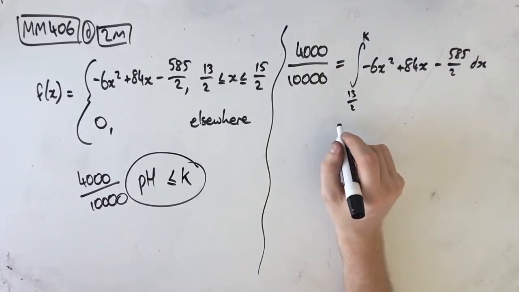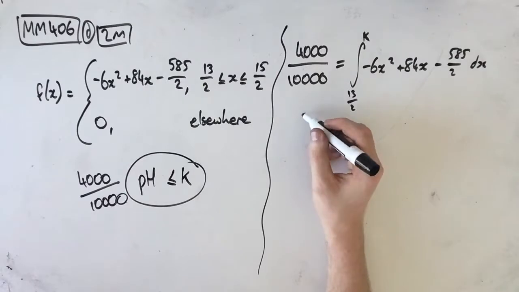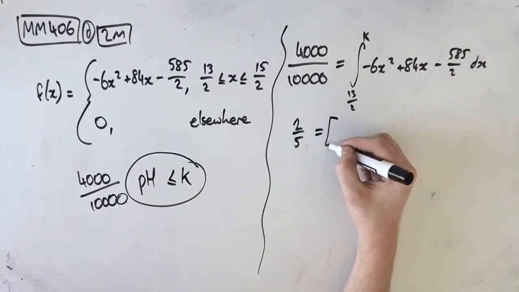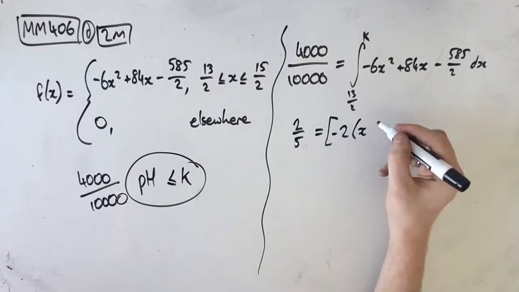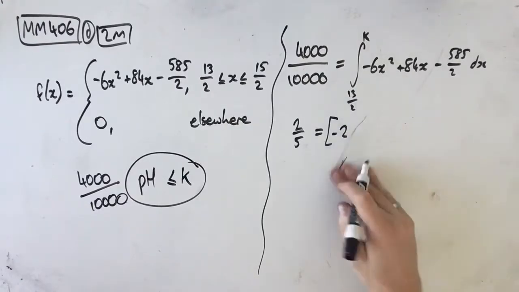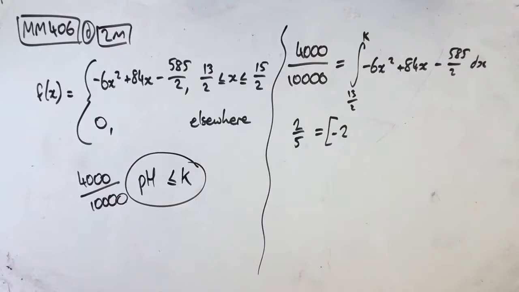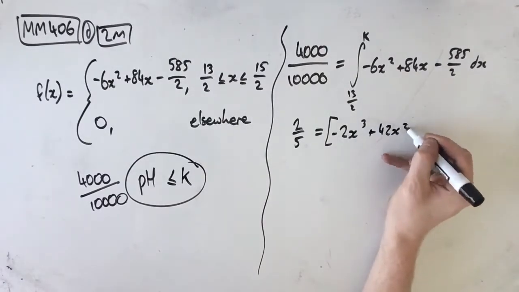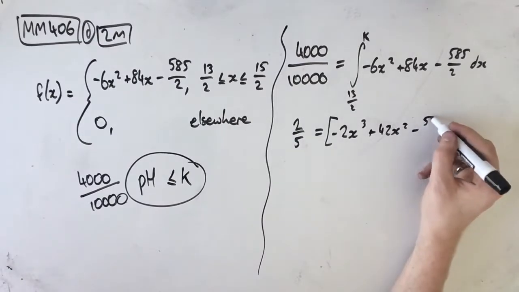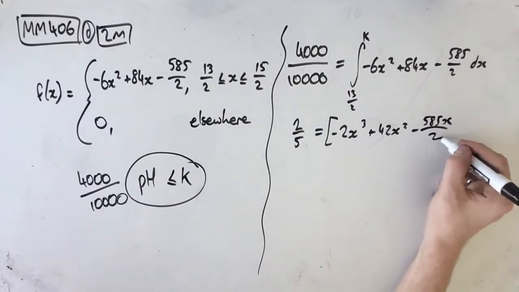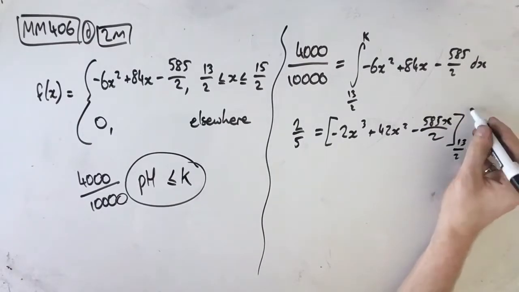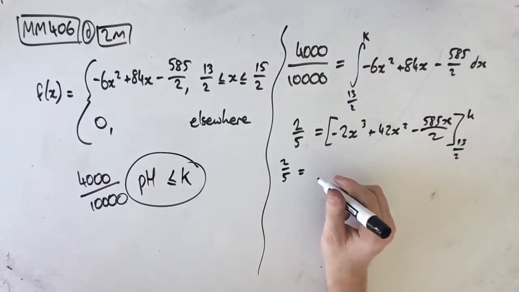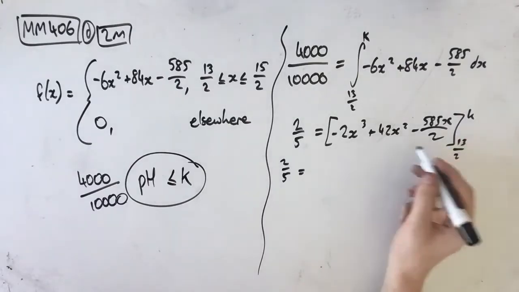Awesome. Now simplifying this, what we get is 4,000 on 10,000 can simplify to 2 on 5, and that equals negative 2x cubed plus 42x squared, take 585x on 2, from 13 on 2 to K. So 2 on 5 equals this. And what we're going to do now is just sub in our values for K and 13 on 2.